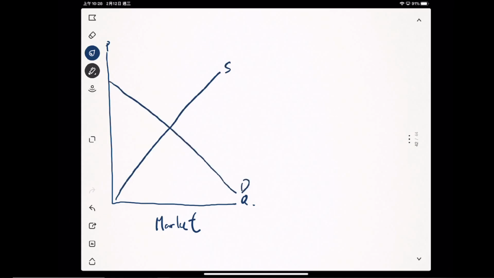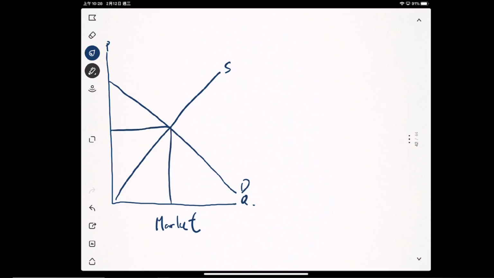At the end, based on this analysis, the market will be able to get the price where the consumers and producers will both feel happy, which is the equilibrium point here.